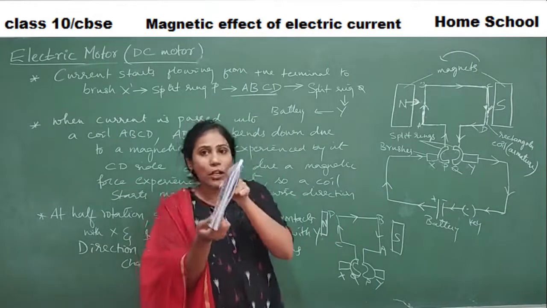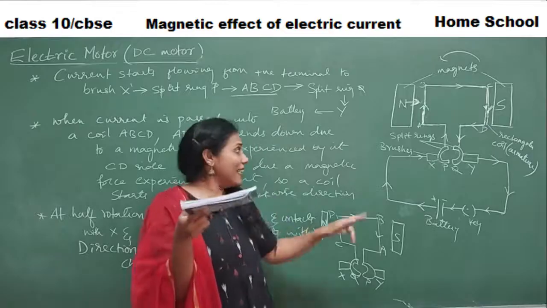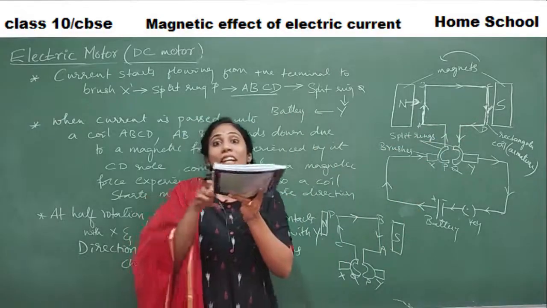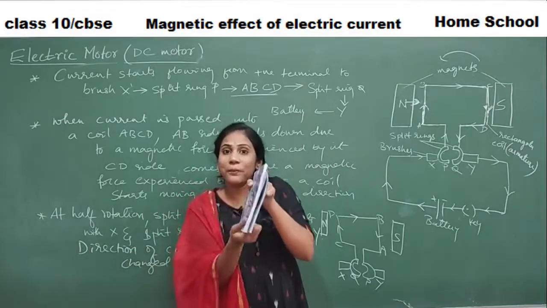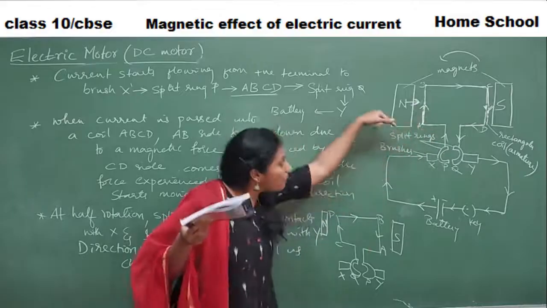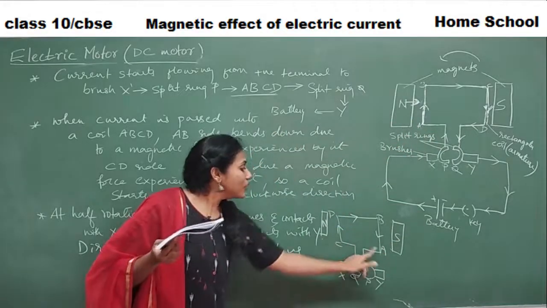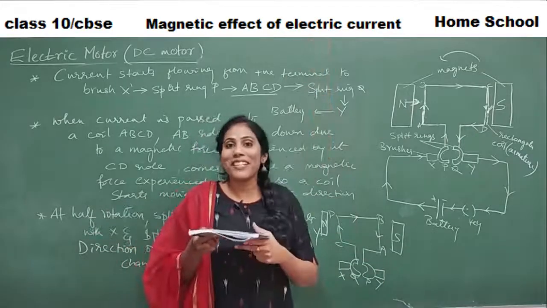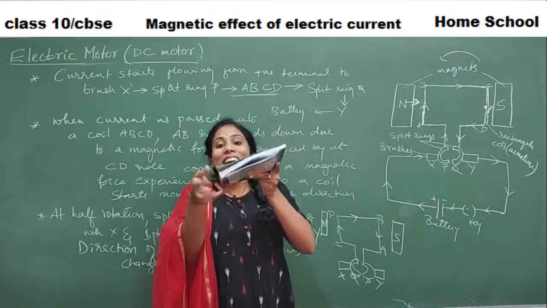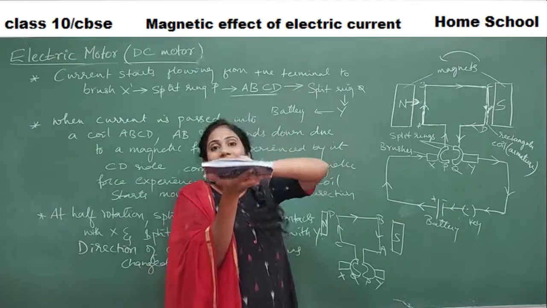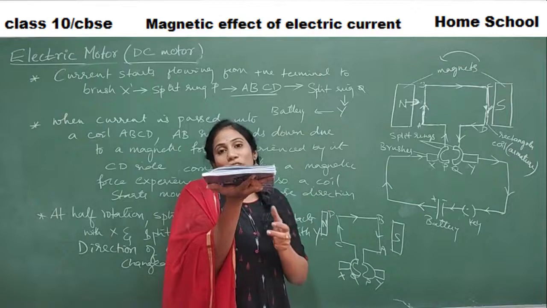CD will move at the bottom only, no? Previously, how did CD move? CD moved up, but now the CD is moving bottom. Okay, previously AB has moved to the bottom. Now the AB, since it is this side, it will move up. Yes or no? So definitely now this is CD, this is AB. So one more half rotation occurs and they will come to their original position.